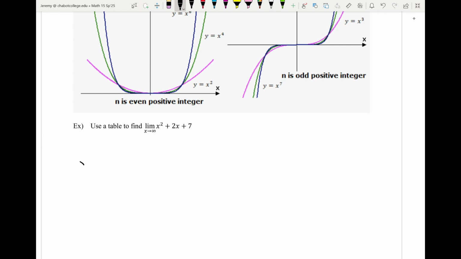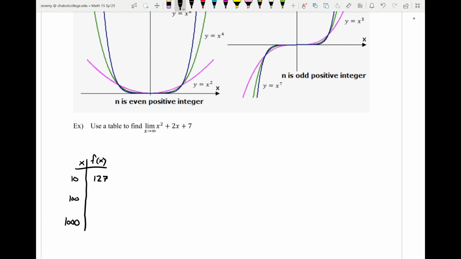Okay, I'm not going to be mad at you if you do this to check your work. All right, we're looking at x going to positive infinity, so we could plug in 10, 100, 1,000. Okay, you could do this and see what you get. For this one, if I plugged in 10, I got 127.